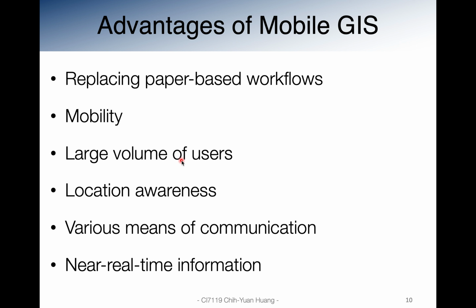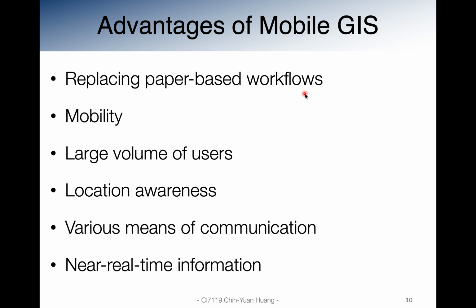Originally, you may need papers or tables to record in the field, but that is difficult to maintain and difficult to record. If those requirements are replaced by a mobile GIS application, then we can replace the paper-based workflow.